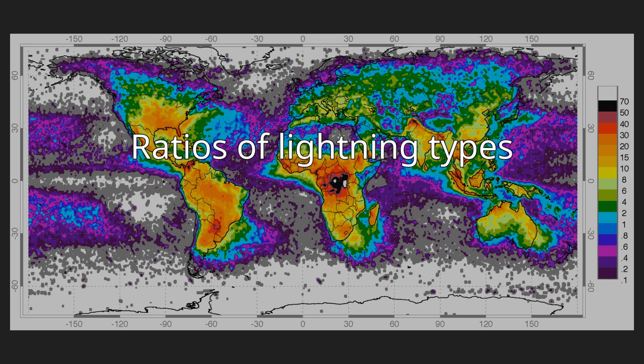Ratios of lightning types. The lightning flash rate averaged over the Earth for intra-cloud (IC) plus cloud-to-cloud (CC) to cloud-to-ground (CG) is in the ratio IC plus CC to CG equals 3:1. The base of the negative region in a cloud is normally at roughly the elevation where freezing occurs.